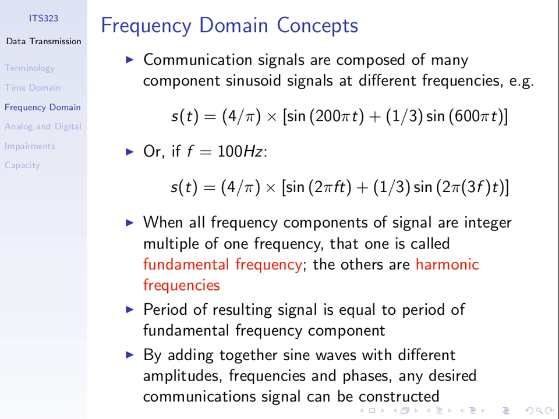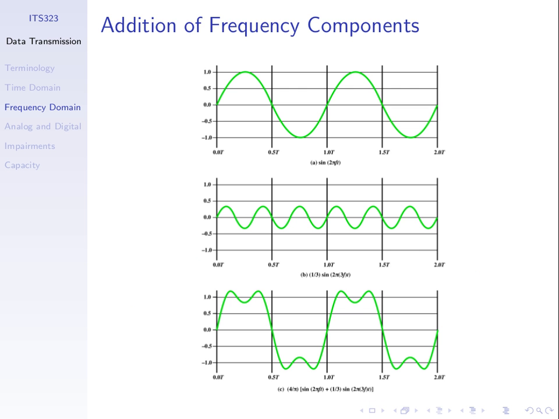When we want to design a signal, we can break any communication signal into its component sinusoids. S of t on the screen has two components, S1 and S2. Here's a plot. The top one is a plot of S1, just one sinusoid.